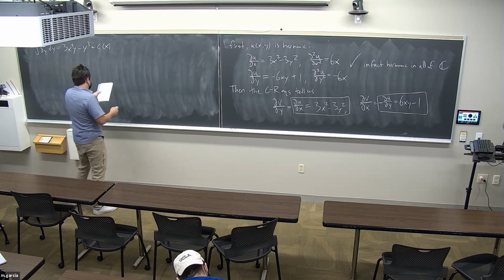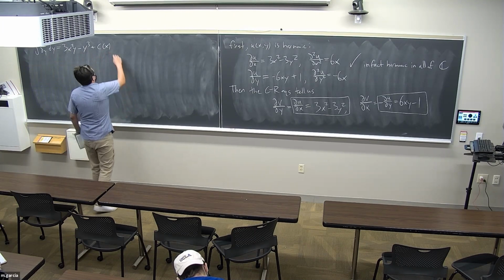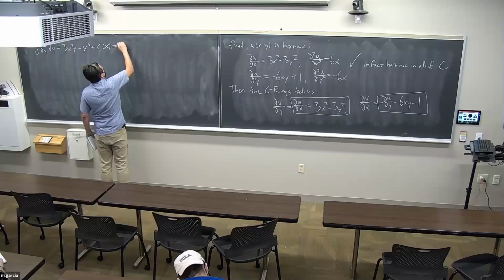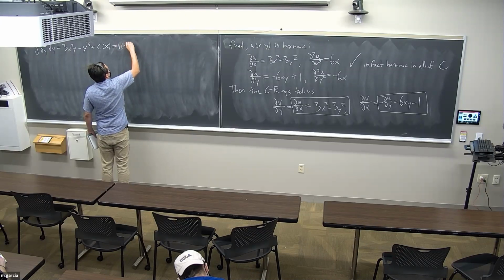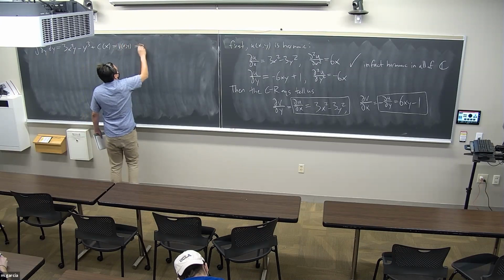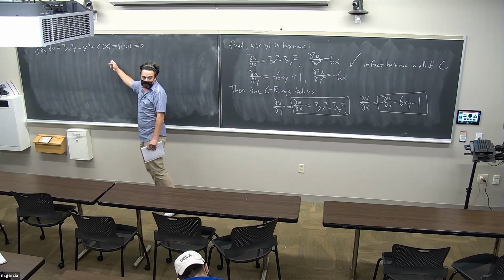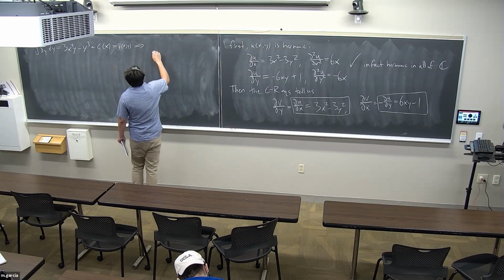So this is some expression for v of xy. And now I'll differentiate this expression for v of xy with respect to x.